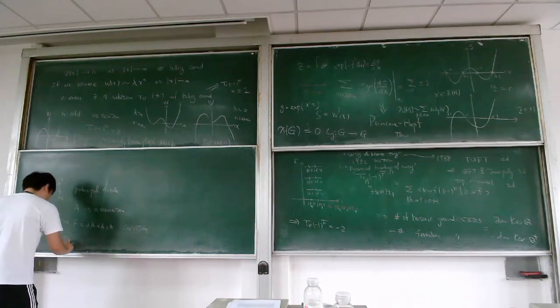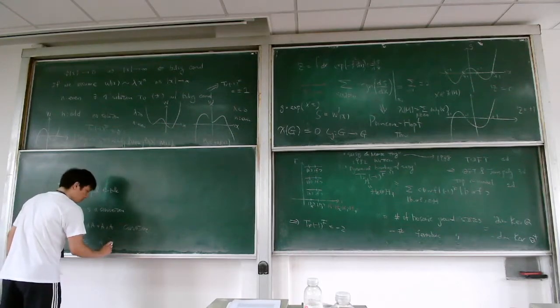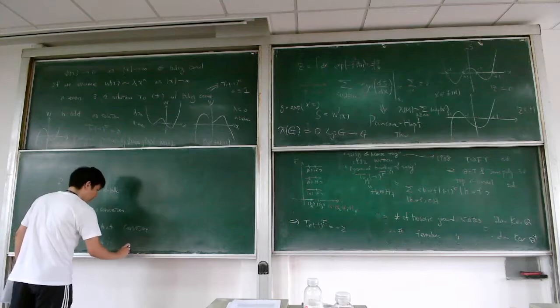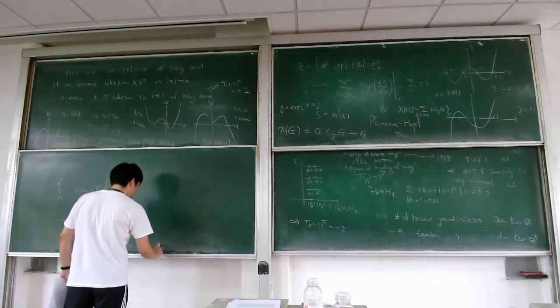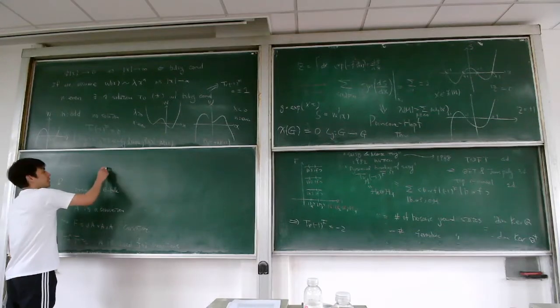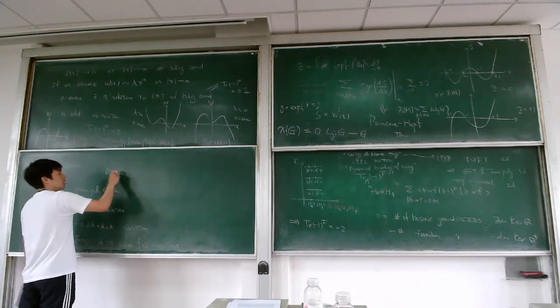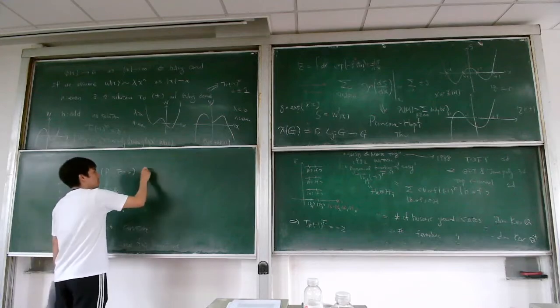If F equals 0, A is called a flat connection. Of course, often a principal G bundle P with the flat connection A, F equal to 0, this pair is called a flat G bundle.